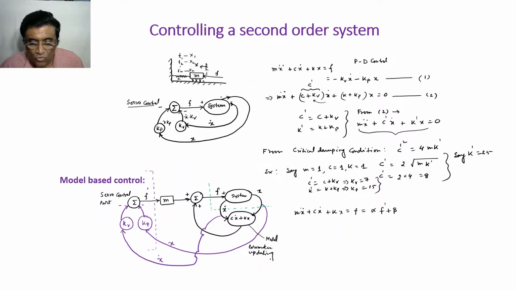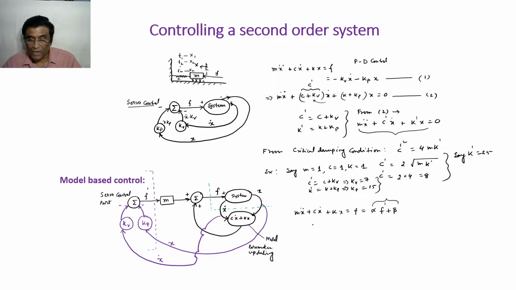So the entire control I have divided into two parts. Very carefully, you see, very easy. One, the total force F is now composed of two parts: alpha times a prime plus beta.